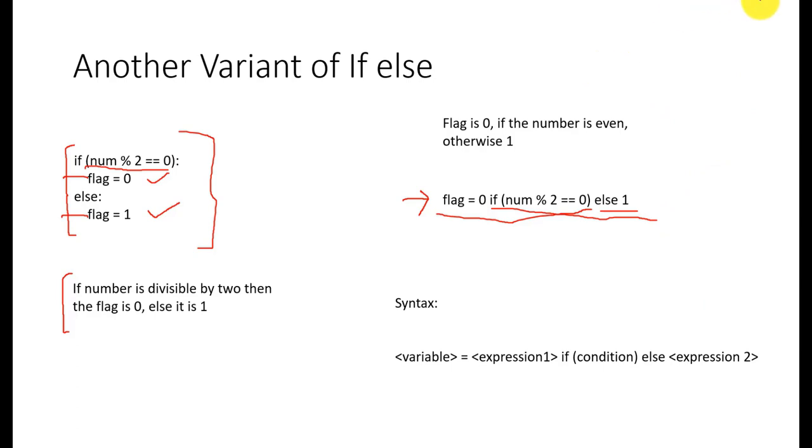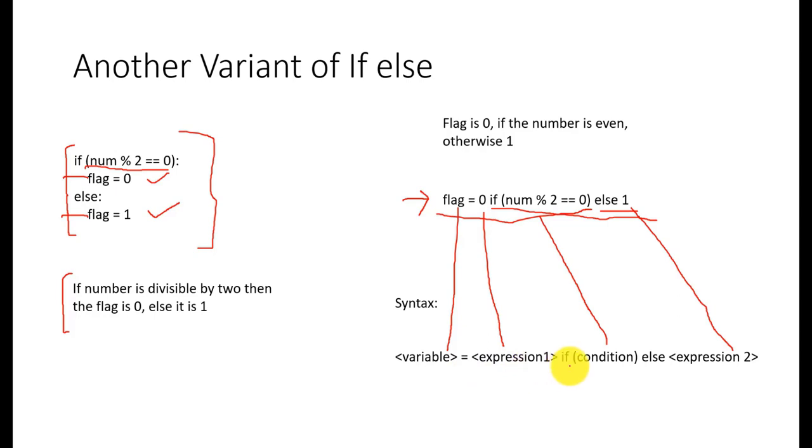And the syntax for such construct is something like this. We have a variable is equal to expression 1 if the condition is true. Otherwise, we set the variable to expression 2. In our case, the first expression is 0 and the condition is num percentage 2 is equal to 0, and the second expression is 1.